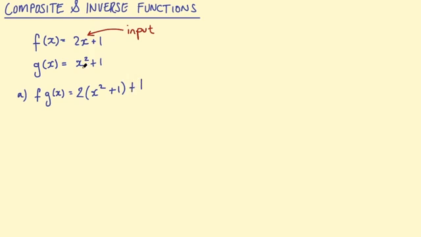So I've taken this function and inputted it where the x is. Then I can just go ahead and solve this. Firstly expand the brackets. This is going to be 2x squared plus 2 plus 1. And then simplify: 2x squared plus 3. So f of g is going to be 2x squared plus 3.